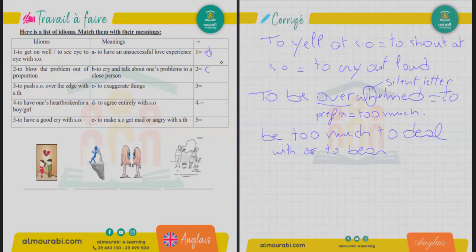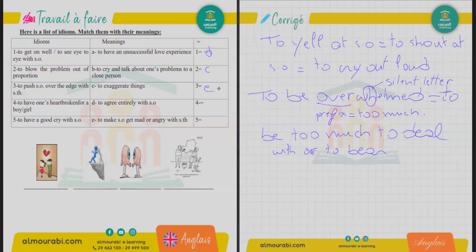If you push someone over the edge, you turn someone angry, crazy, and mad at you. That's pushing the kid over the edge. The parents sometimes push us over the edge, means they make us so angry with their remarks. Good.